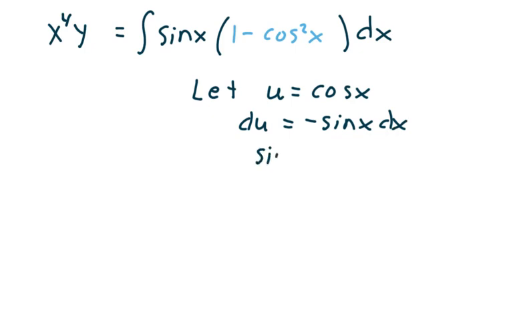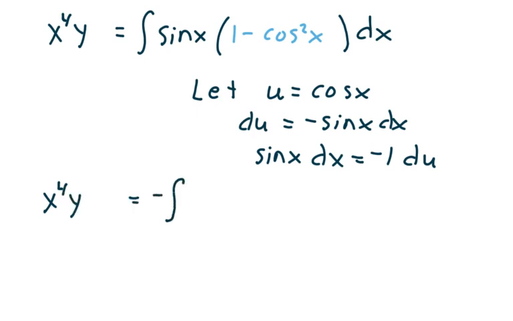So sine x dx is negative 1 du. And so x to the fourth times y is negative the integral of 1 minus u squared, where u is cosine x. Okay. And so we're integrating 1 minus u squared du with a negative on the outside.